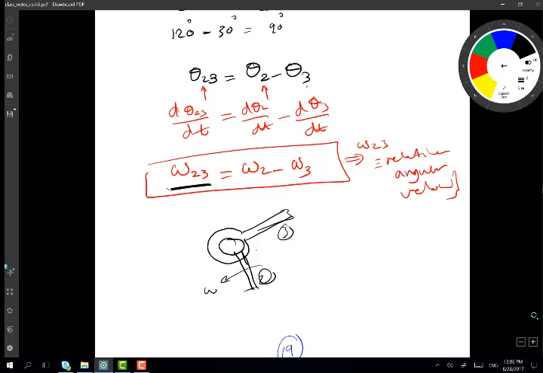This one is rotating at omega 2, and this one is doing omega 3. Now we use this relative angular velocity to calculate something called the rubbing velocity. That's because you have a pin here, and the pin has some radius, r pin.